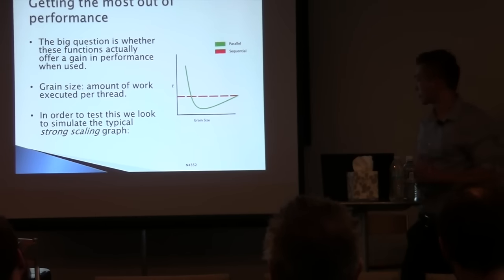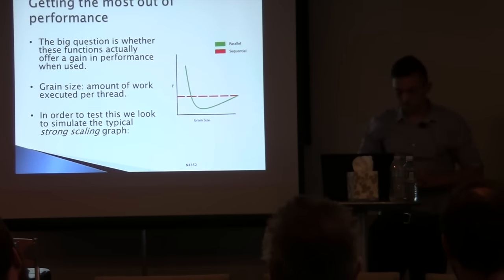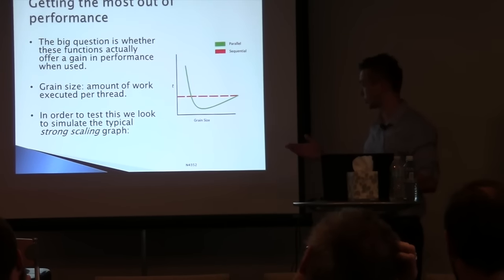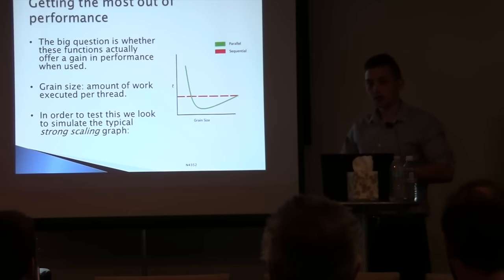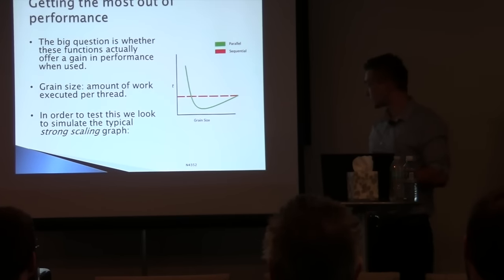So for getting the most out of performance, here's a strong scaling graph example over here. We were more conscious about our grain size and how these algorithms would perform at some average grain size level, because the grain size is the amount of work that you can execute per thread.